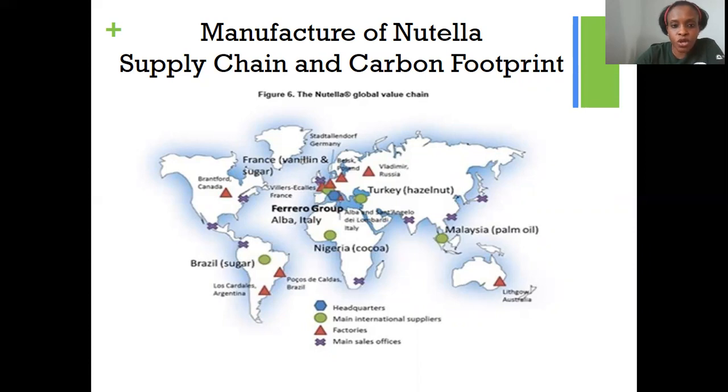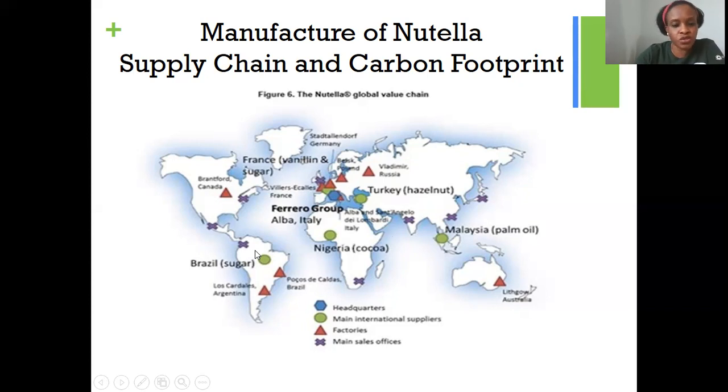And what happens with a complex and long-winded supply chain is that we get higher carbon emissions, which means higher contribution to the depletion of the ozone layer because of a product. What would happen if, for example, Nutella had a manufacturing plant in Nigeria or Malaysia or northern Brazil?